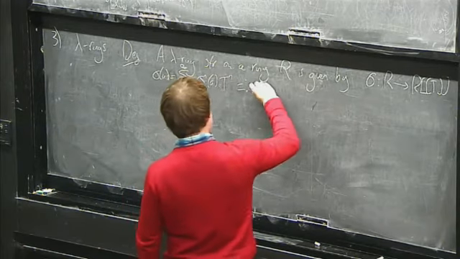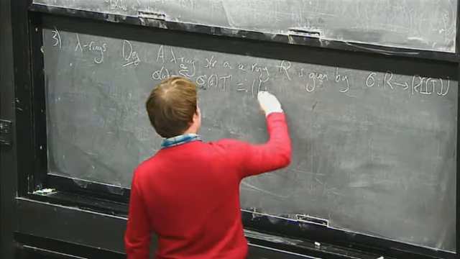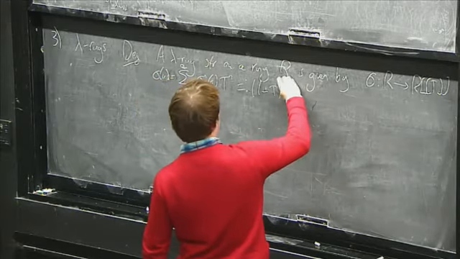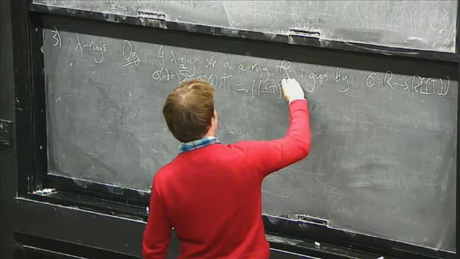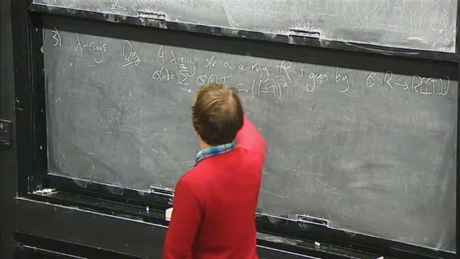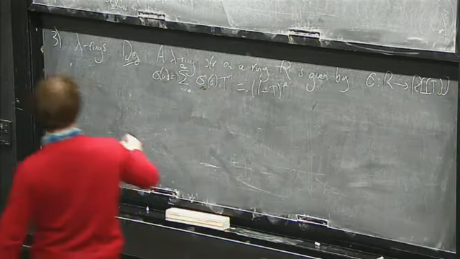And then to make a connection with what's written over there, one writes this instead as (1 - t)^(-a). And that defines what this means for us.